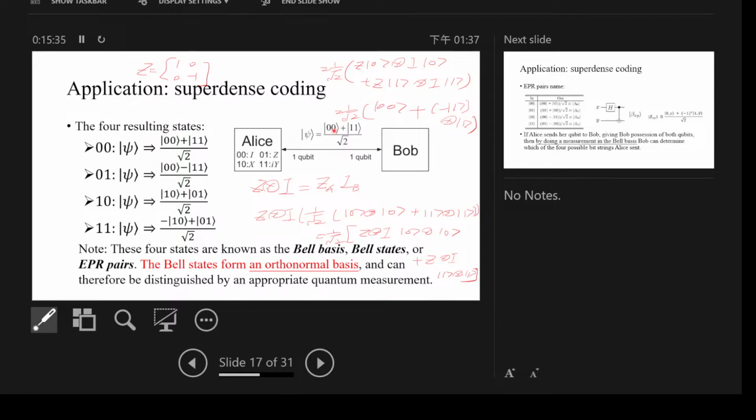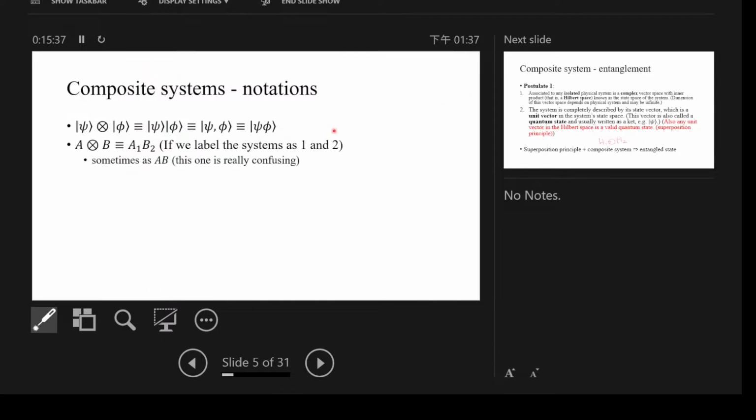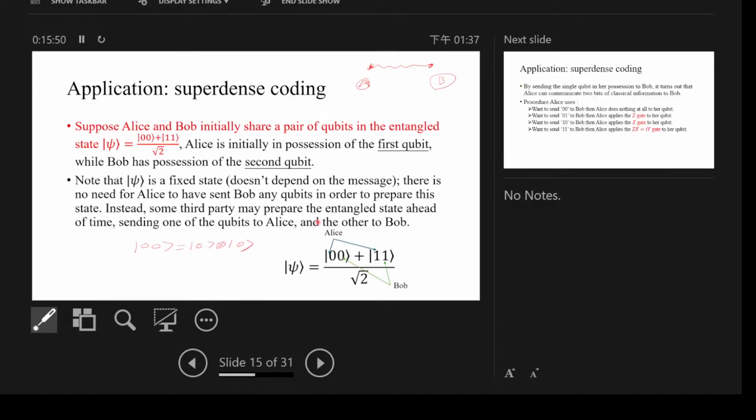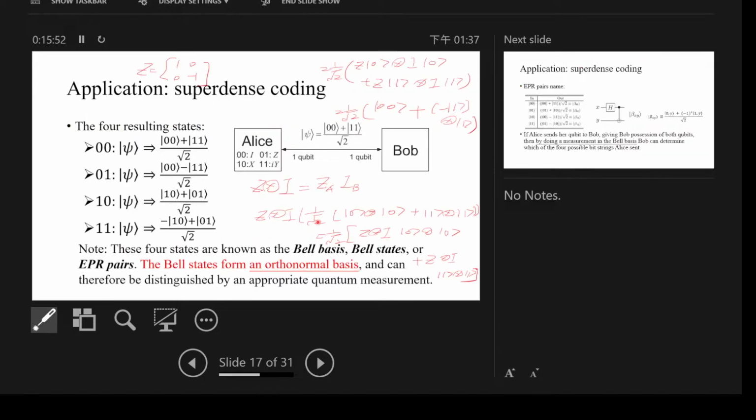Okay, and then we can go back to our postulate. So this is what happens. A Z gate on the first qubit actually means we apply Z tensor identity on the 2 qubits. Okay, so we do Z tensor identity on the 2 qubits, and then we go by linearity.